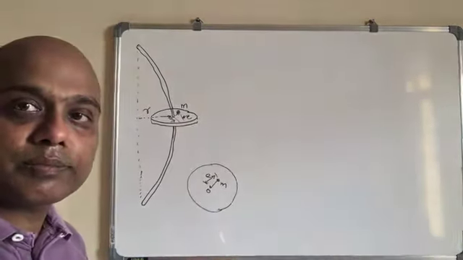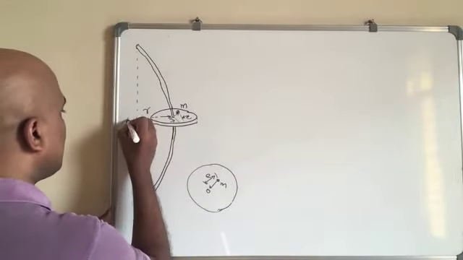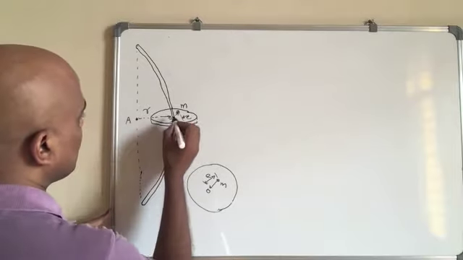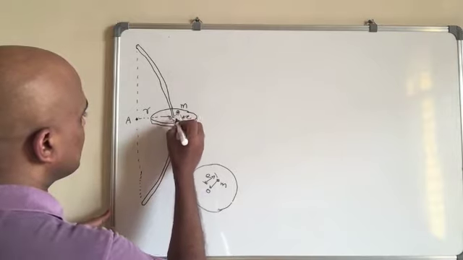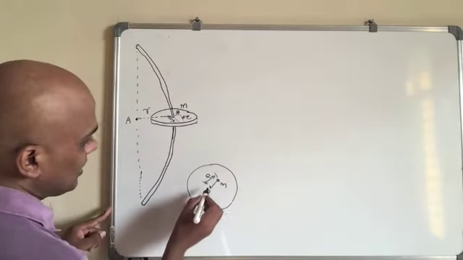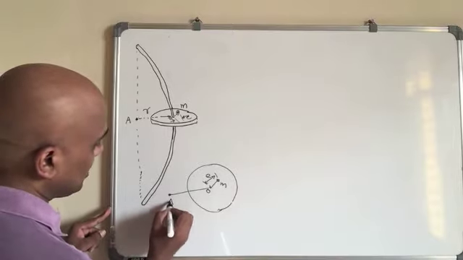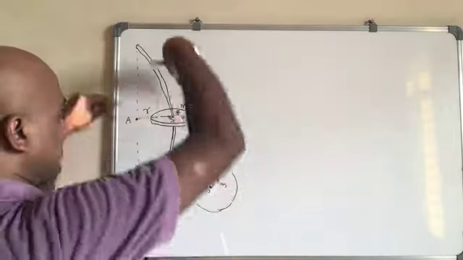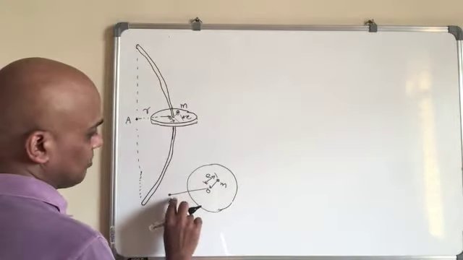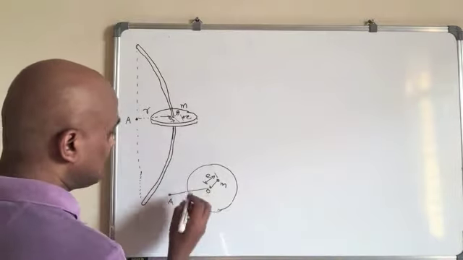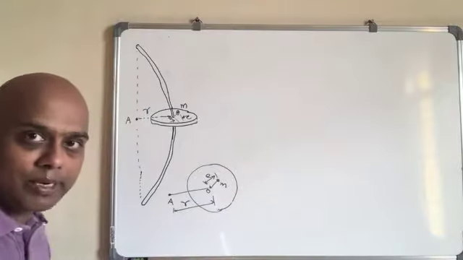Let's say this point is A, for the axis A. The same thing, but now I'm looking from the top, so it's a top view of that. From A to O, the distance is r.